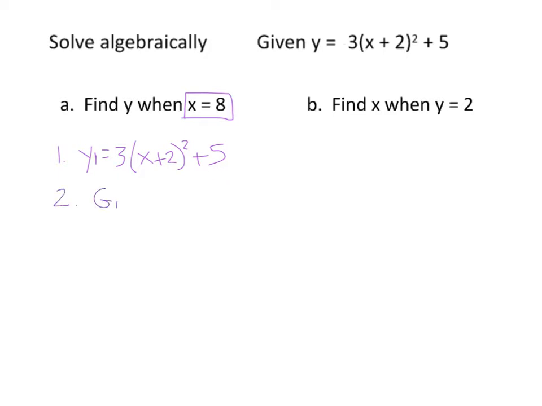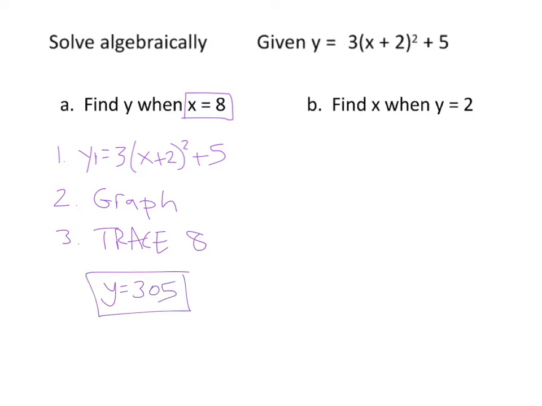After you graph it, all we need to do is hit trace and then the number 8 in this case. When you do that, you should get 305. So y equals 305. So when x is 8, y is 305.